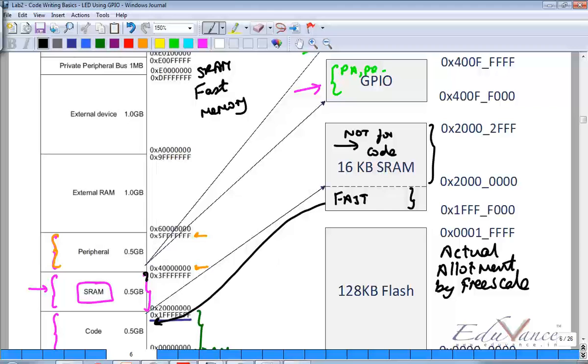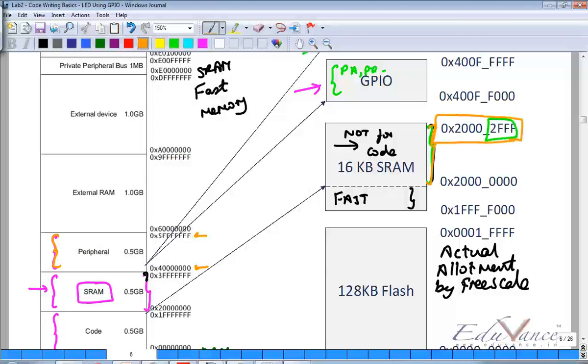So let me revise once again. Please understand this: although the address space for SRAM is 0.5 GB, which is 2 all zeros to 3 all Fs, Freescale has actually given SRAM only from 2 all zeros to 2 0 FFF.